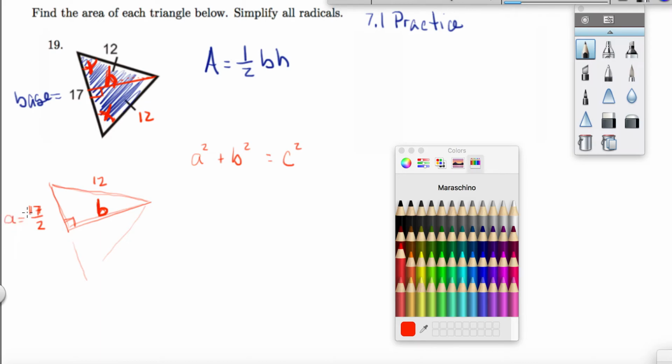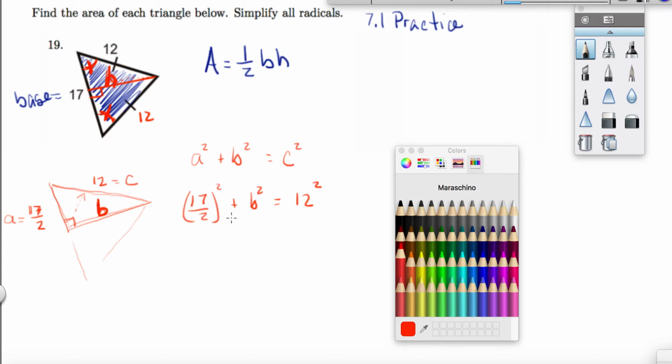This leg would be a, and our hypotenuse is always across from the right angle. This is c. So we're going to get 17 over 2 squared plus b squared equals 12 squared.